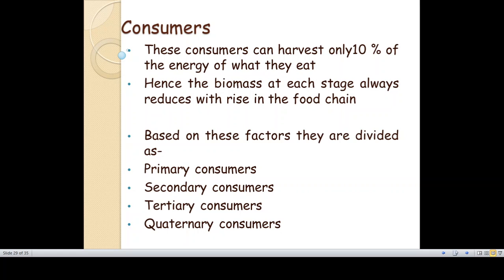Okay, so it is compulsory that you keep in mind that consumers have only these basic 4 criteria. It is nothing to do with decomposers. It is basically about organisms which you can see with your eyes and which depend on one another for their food products.